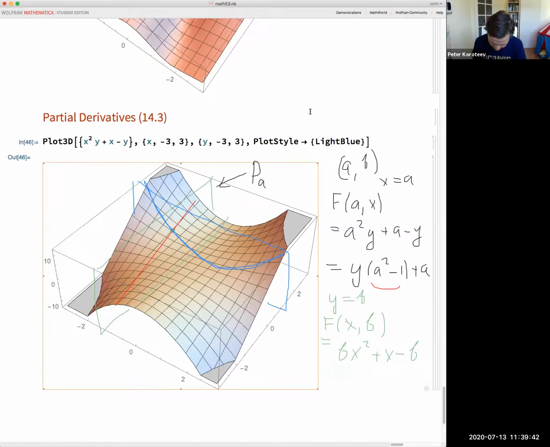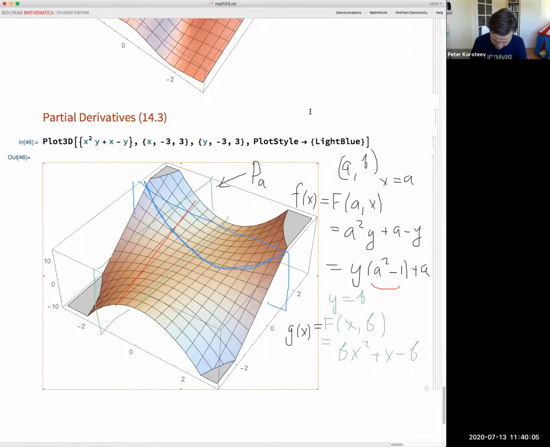So we can call this function little f of y. We can call this function g of x. And then we can do calculus for every function, right? So for example, we can differentiate this.